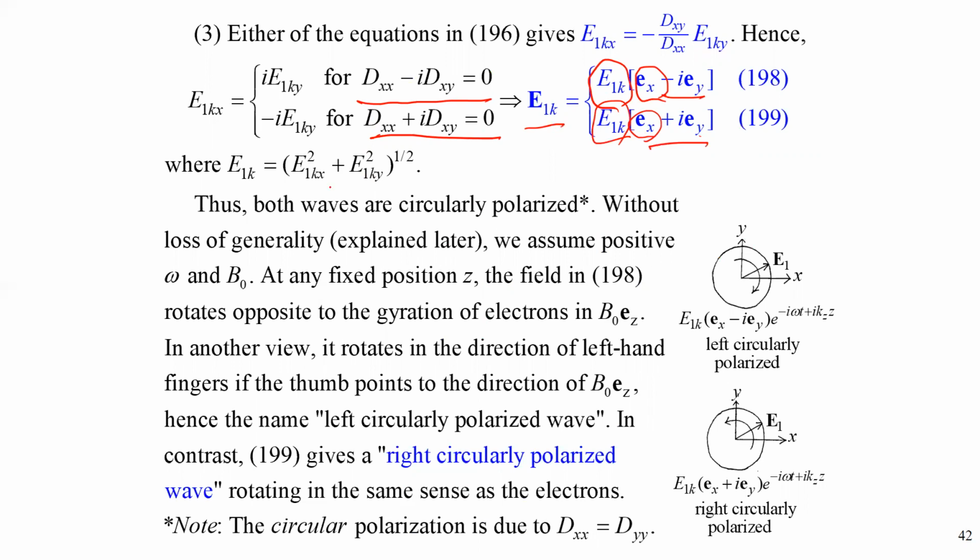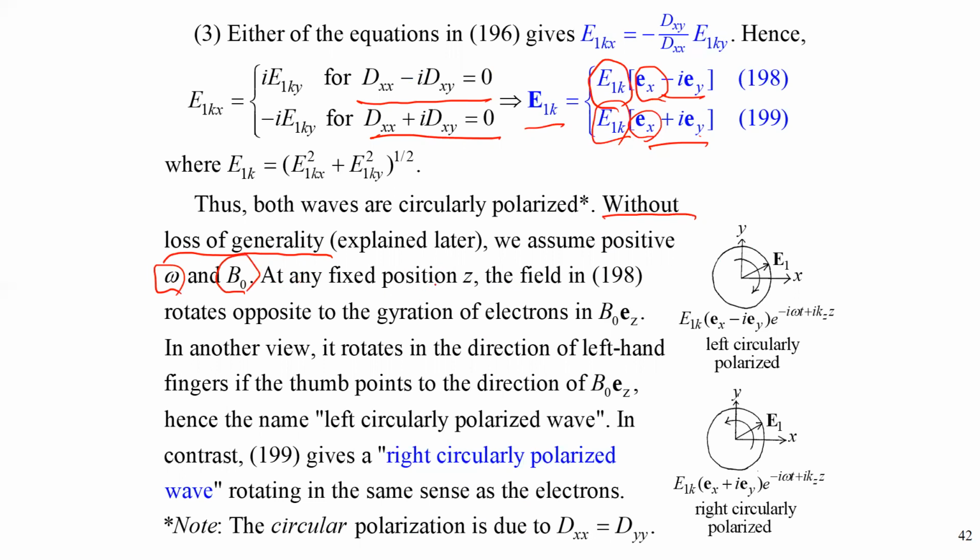So both waves are circularly polarized waves. Without loss of generality, as will be explained later, we assume a positive omega 0. Omega 0 is normally positive. Omega B0 is the magnetic field.